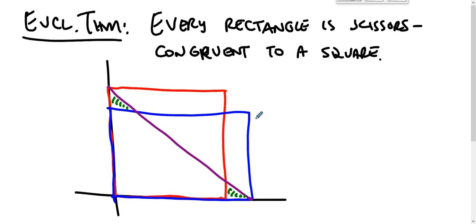In the discussion, you're going to be expected to show that this little piece is congruent to this little piece, and that this triangle really does slide down and become that rectangle. I'm going to assert that it's true and let you figure it out later.